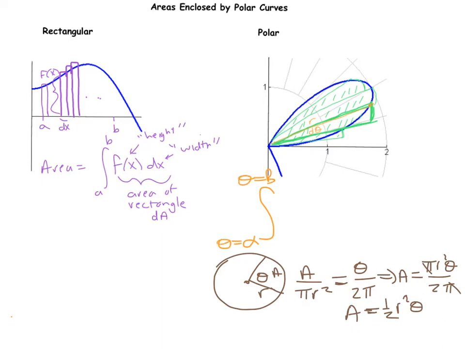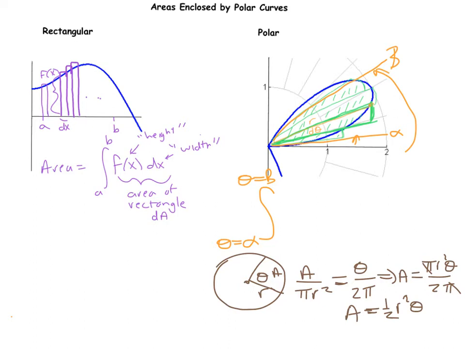So let's just say we want the area inside this rose petal between these two angles, where that's alpha and that's beta.